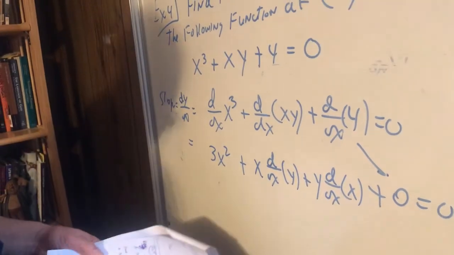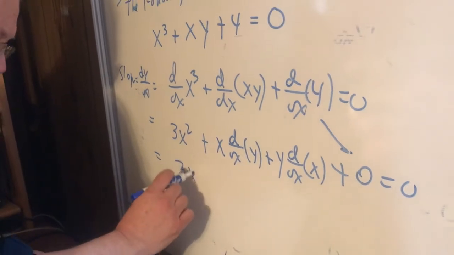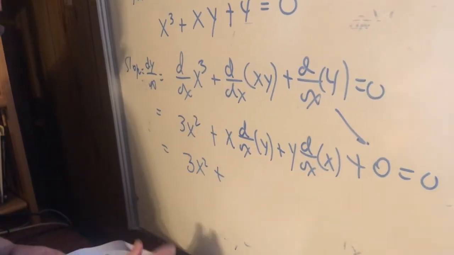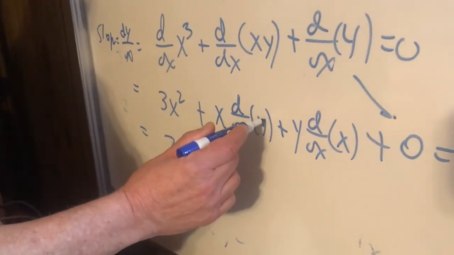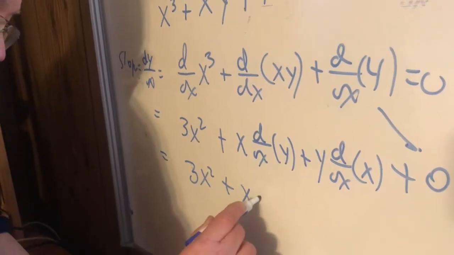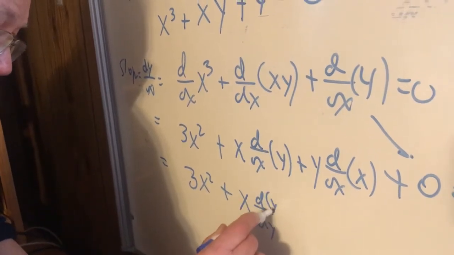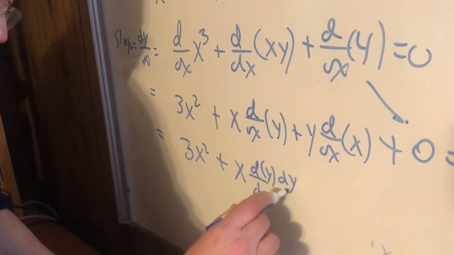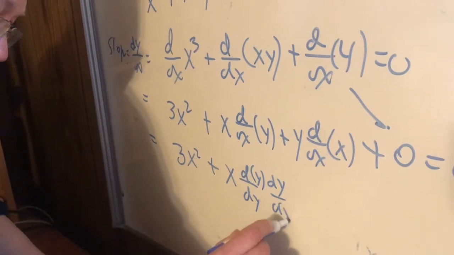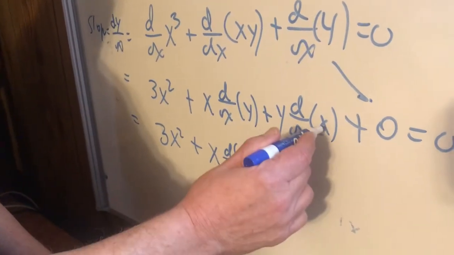So this is a little bit easier than we had before. 3x squared remains the same. I cannot take the derivative of y with respect to x, so I have to use my chain rule. I just set up a d dy over the y, and I attach on the appendage, which is what I want to find. The derivative of that is 1.